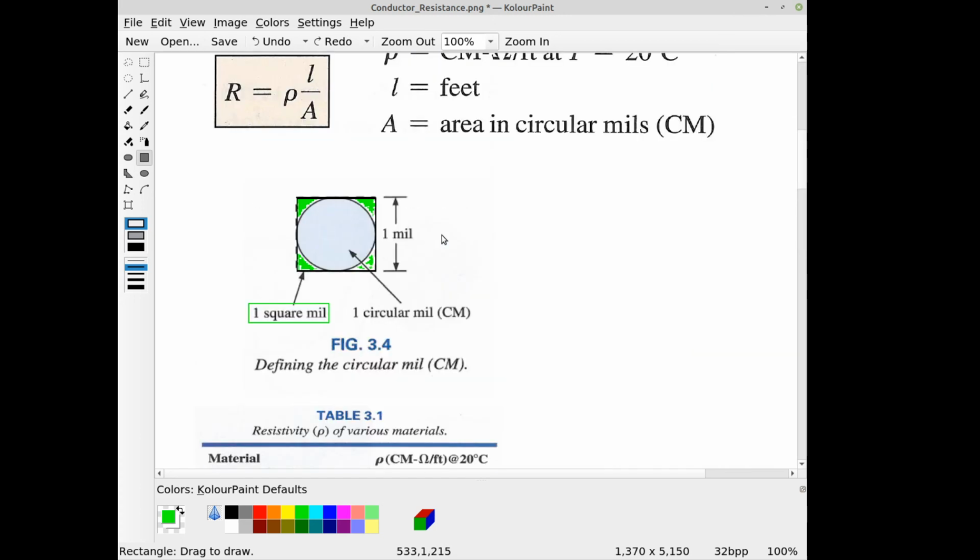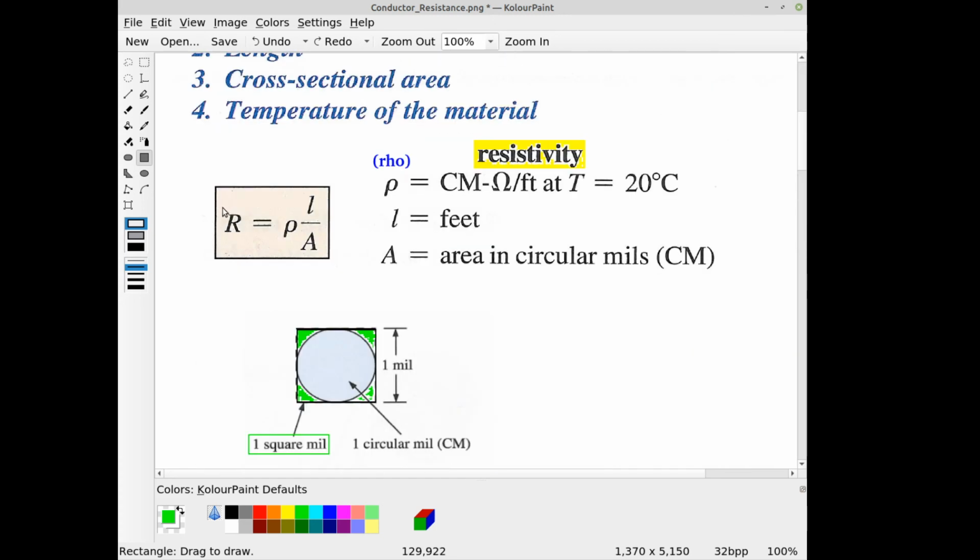So again, the equation for resistance due to the physical properties of the material is rho, the resistivity, times the length, divided by the cross-sectional area of the material. And you have to be careful when you're doing these calculations.